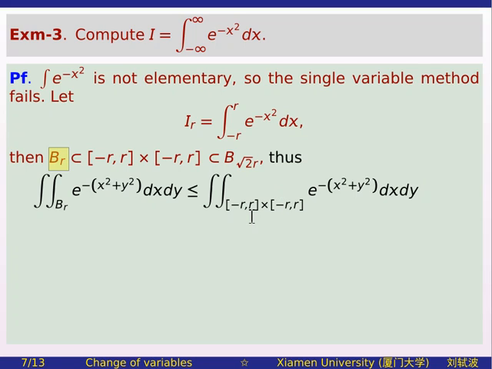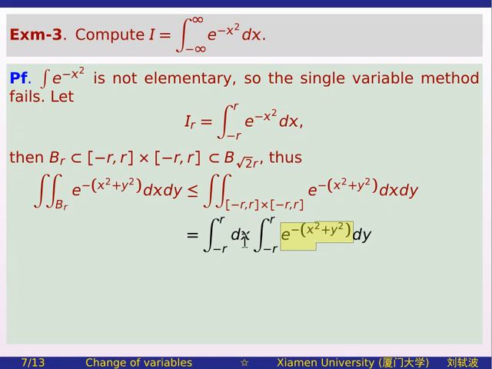Since this is an integral over a rectangle, we can apply the Fubini theorem to write this as an iterated integral, first integrating with respect to y and then x. Now this integrand is e to the minus x squared multiplied by e to the minus y squared, and when integrating with respect to y, e to the minus x squared does not depend on y, therefore it is a constant.